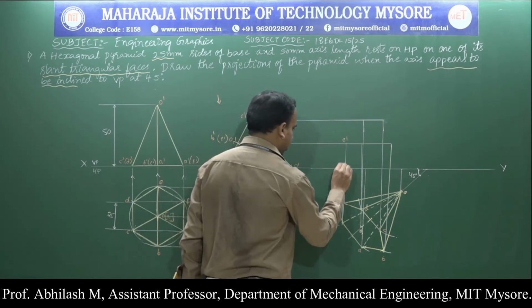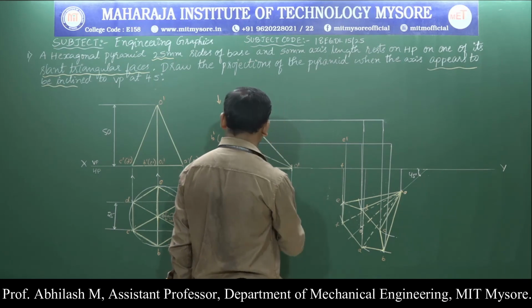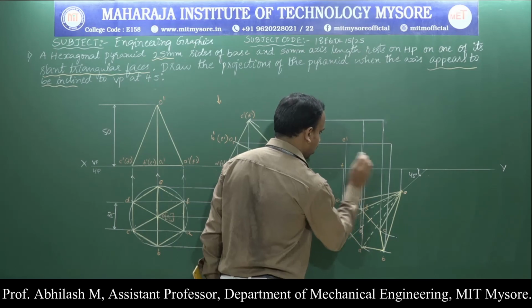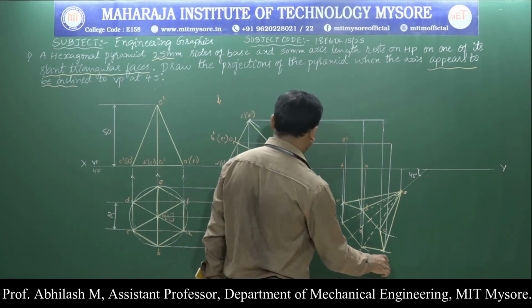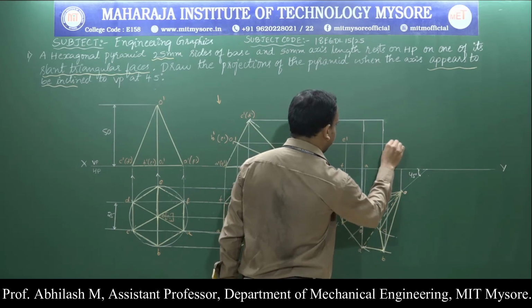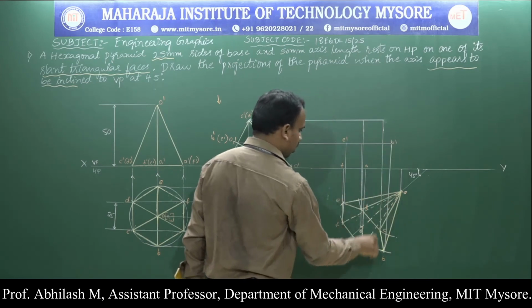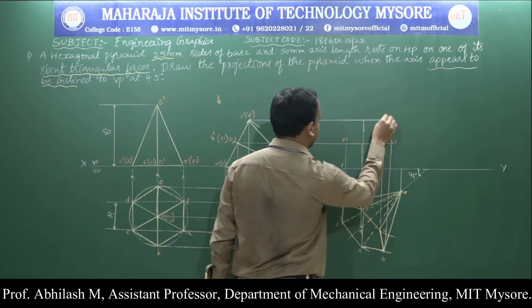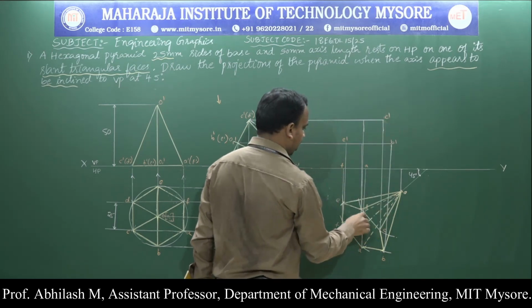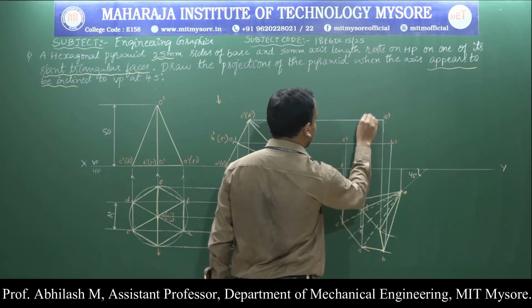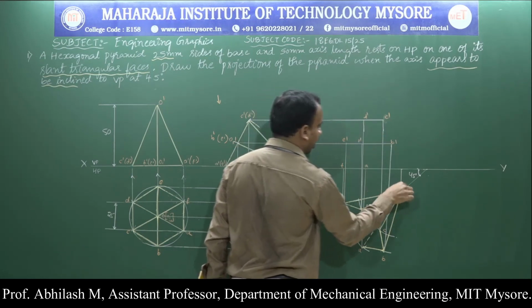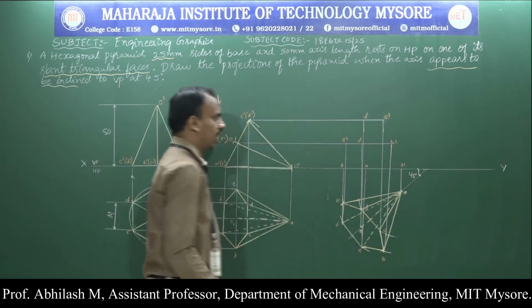F, the point F, the point of A, here the point of B and B dash. We have C, C dash, we have the point D and D dash, O1, O1 dash, O, O dash.